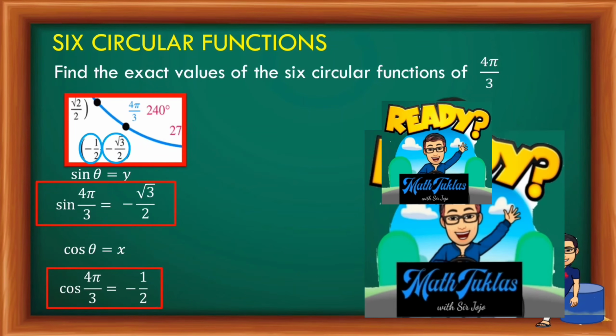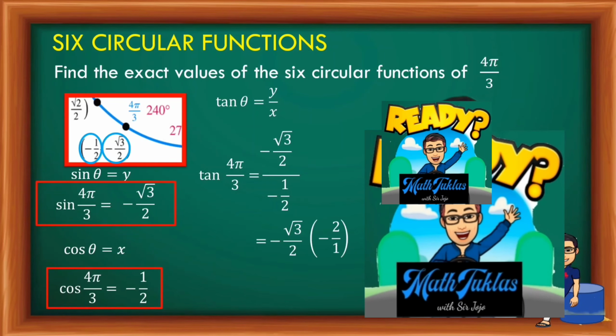So, dun tayo ngayon sa tangent. Tangent theta is equal to y over x. So, tangent 4 pi over 3. Ang ating y ay negative square root of 3 over 2, over, substitute natin ang value ng ating x, which is negative 1/2. Okay, so next procedure, copy the numerator, which is negative square root of 3 over 2.